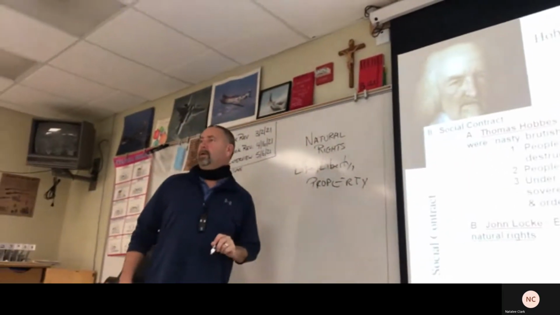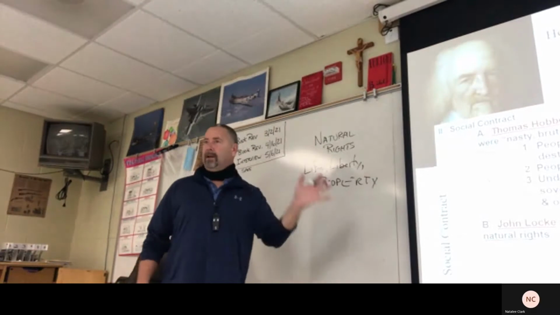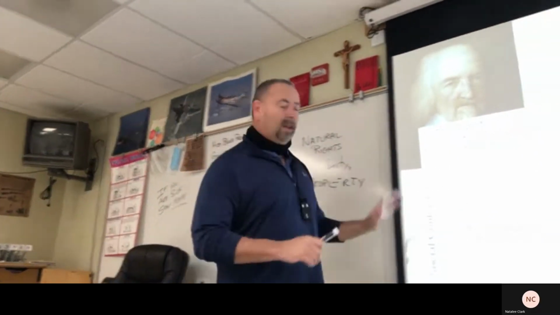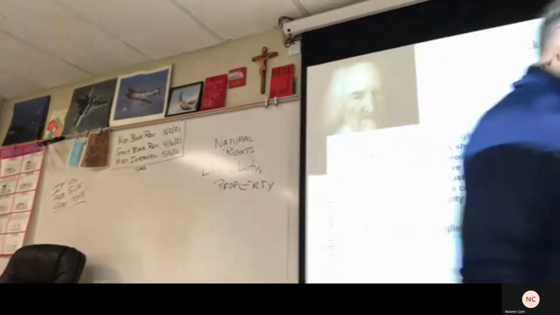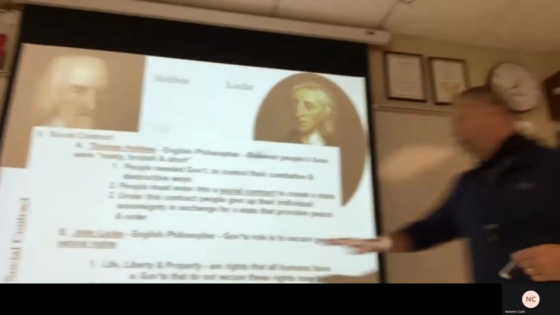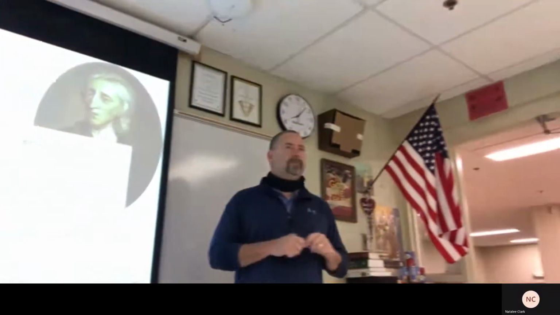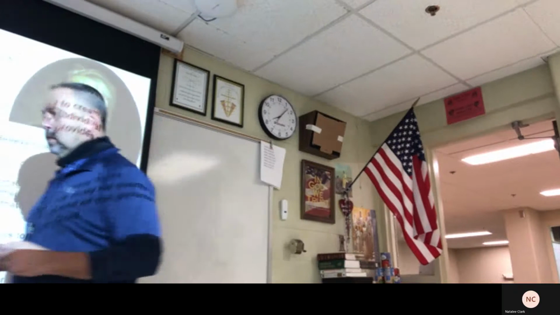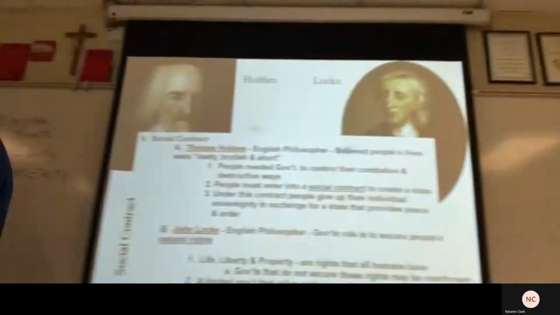Life, liberty, and property. You might have heard this in another class somewhere along the line. Okay? So Locke says life, liberty, and property, that all humans have. All humans have these rights. And then it's the role of government to secure these rights.